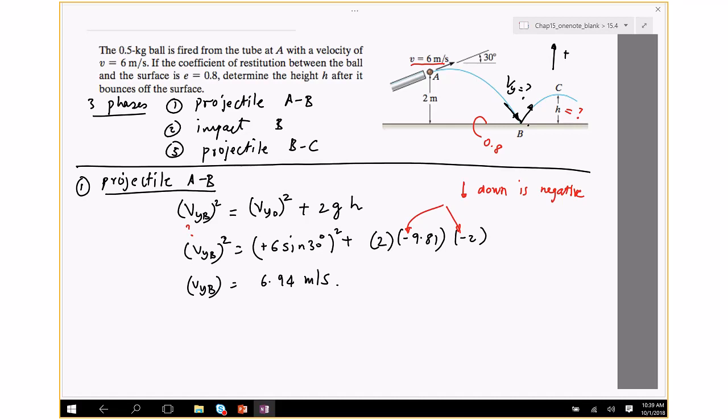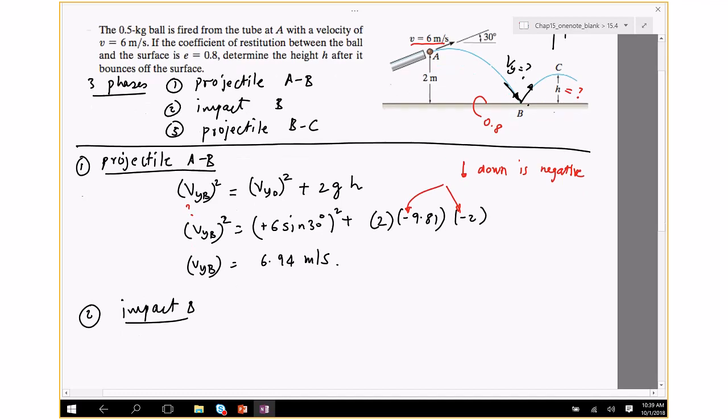Okay, next is impact at B. Let's write the formula for impact. E equals the velocity of B, in this case Vyb, after impact, minus the velocity of the ground.